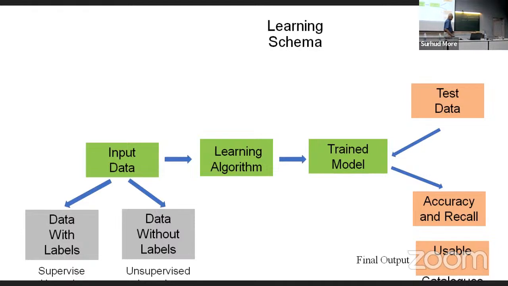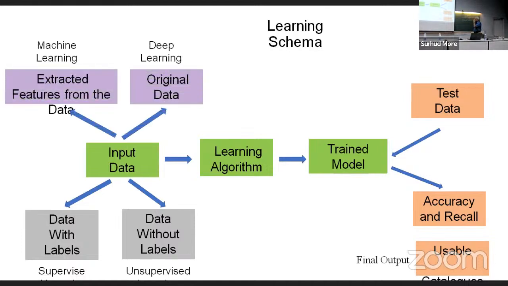And then you will find that we can also do a mixture of supervised and unsupervised. Then you see that I just separated out these two because the only two things I'm going to consider are machine learning and deep learning. The important difference between them is that because of the limitations of machine learning, I'll come to what those limitations are, you typically need to give it extracted features.